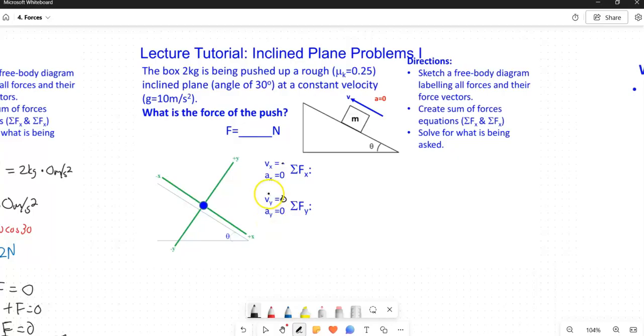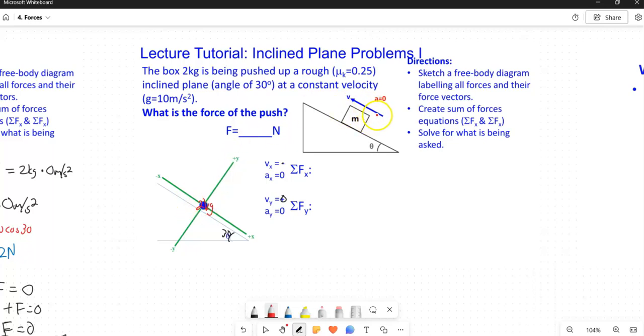Okay, cool. Well, if you're given this as your drawing, you have to twist your coordinate system so that the x direction is aligned to that surface, and the y direction is perpendicular to the x direction. This is the same problem, so this is our 30-degree angle, and this is our 2-kilogram object.